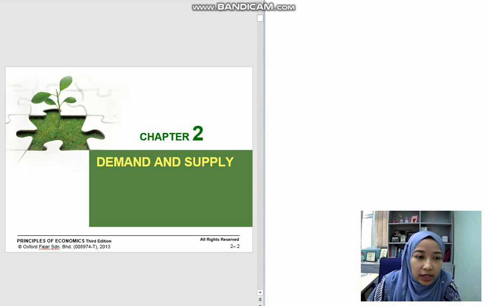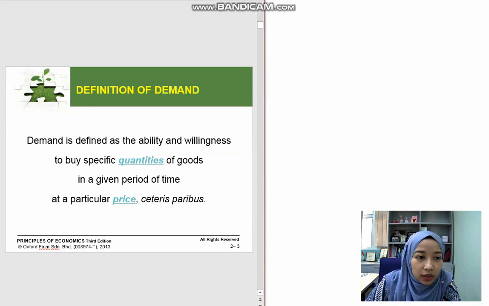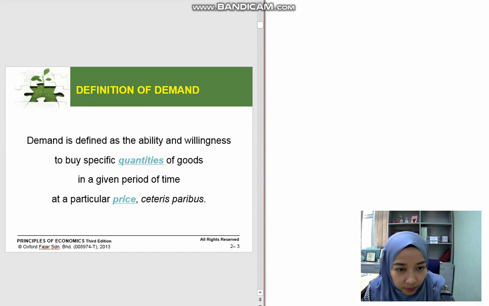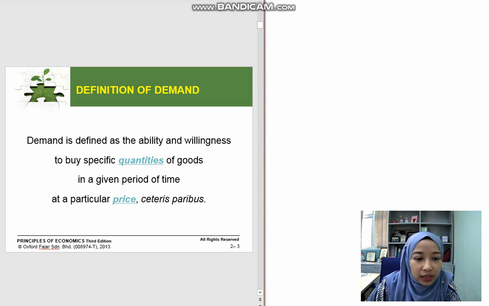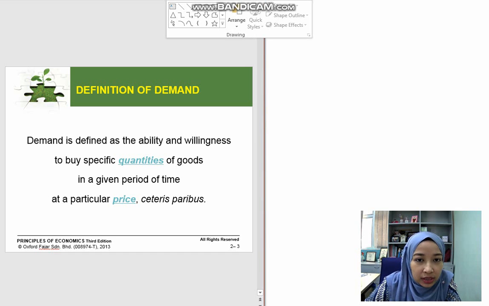So let's go to the first slide here, which is on the definition of demand. What do we mean by demand? It is defined as the ability and willingness to buy specific quantities of goods in a given period of time at a particular price. So we are talking about ability and willingness.